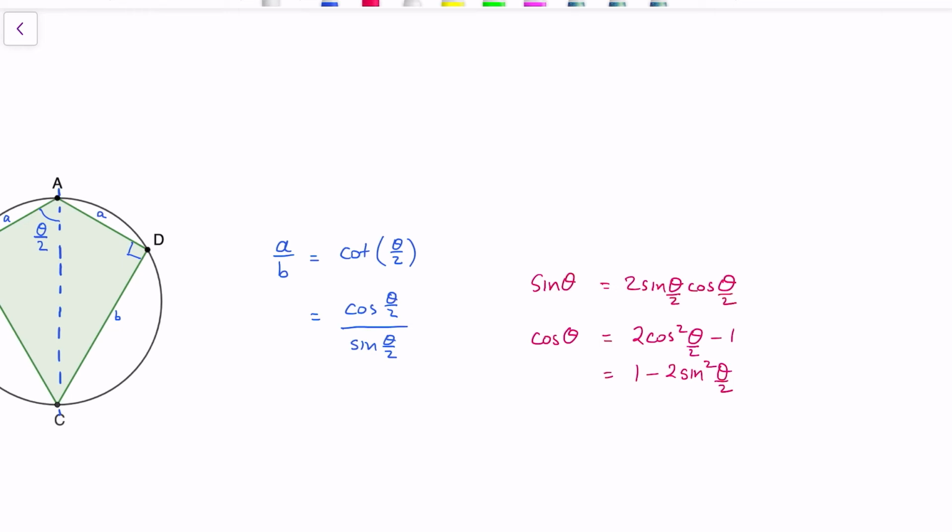That's the half angle formula. And then to mess around with this top thing, we rearranged this equation. So it's cos theta plus 1 all divided by 2 square rooted.